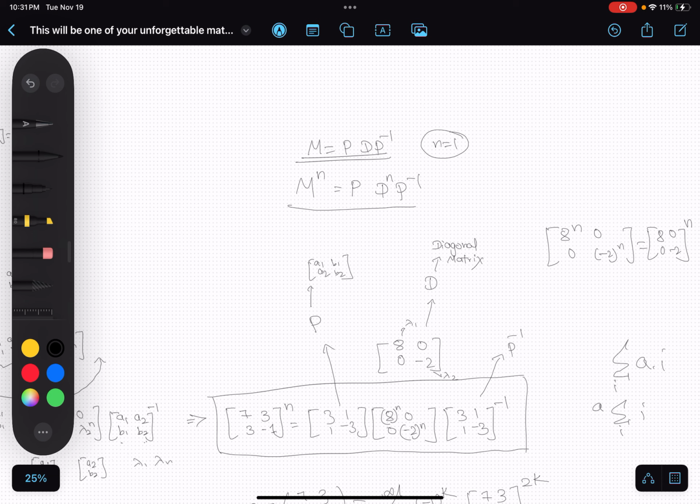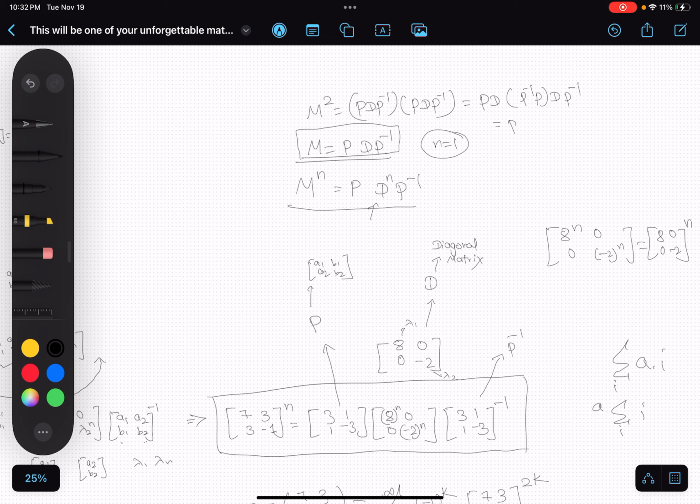Normally, while raising a matrix to the power n, people first express M as P D P inverse. To get to this result, they argue that M square will just be P D P inverse multiplied twice. Since it's associative, I can write this as P D P inverse P D P inverse.